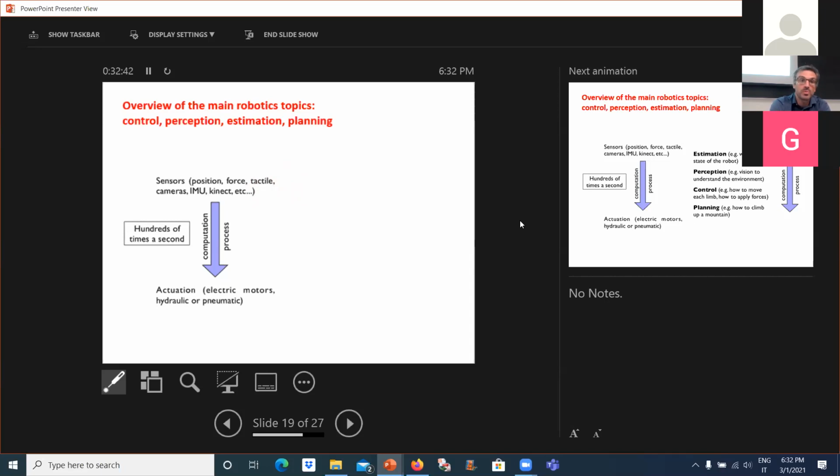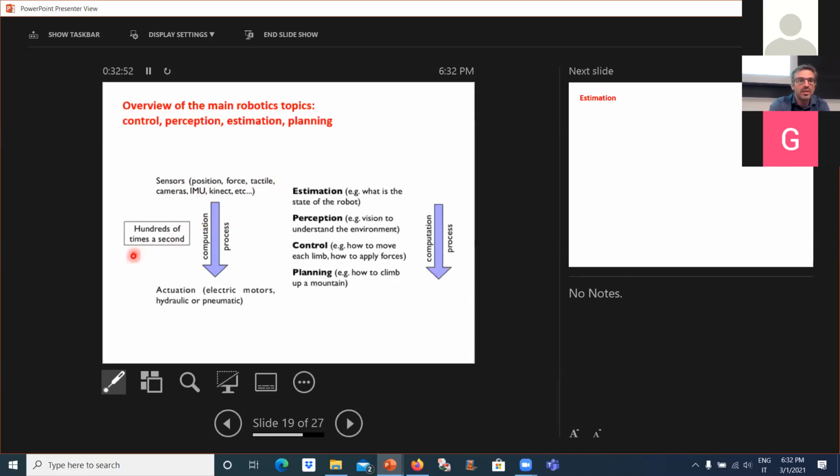If you're controlling force or position, for example, in case you're controlling force, you need to be very fast. And provide, according to what you read from the sensor, a command for the actuators. And so the estimation is what is the state of the robot, what is the state of the environment, sorry.